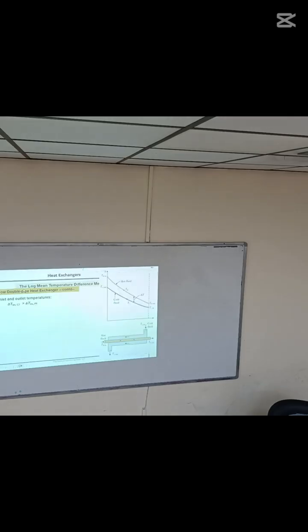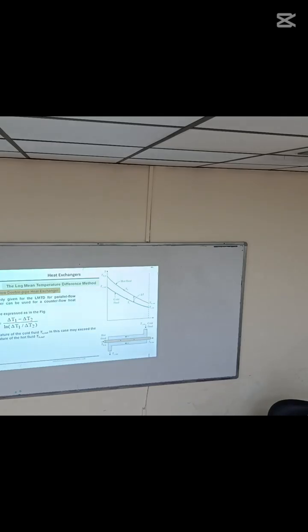Okay, these are the four or five derivations I told you. This one you can see from any book also. Okay, the equation is the same, only the definitions will be different for delta T1 and delta T2.